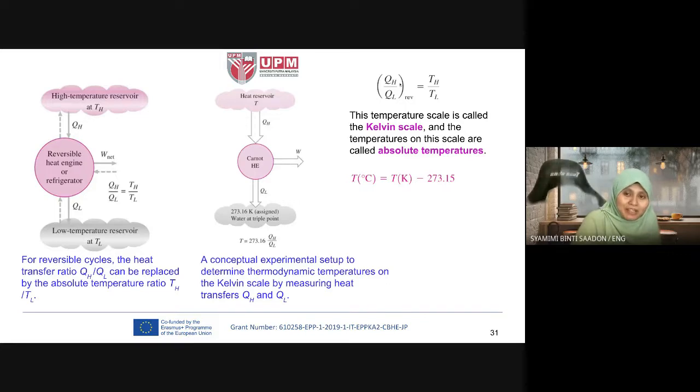But if we assume the mass flow is constant, only one working fluid, we can directly calculate using the temperature scale, TL over TH. Not all, but some processes we can directly use the temperature to calculate the efficiency.